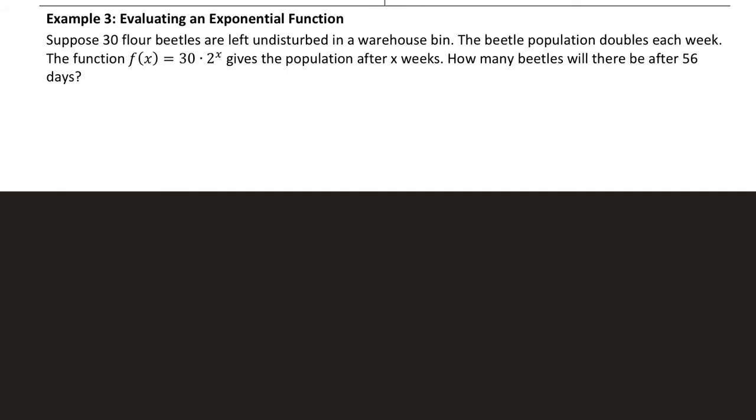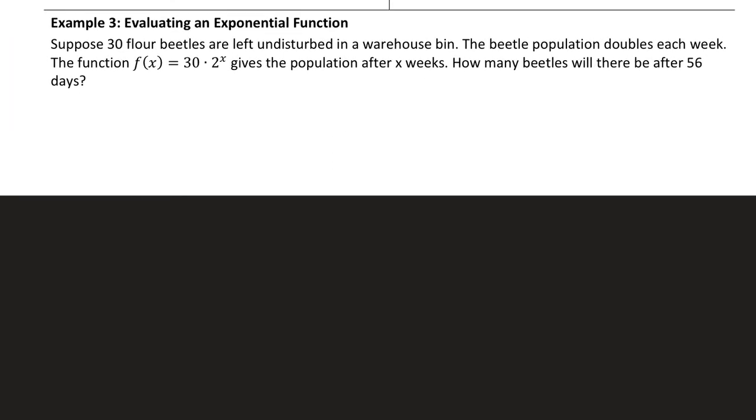So in this function, the input x represents the number of weeks that have passed. So we're given 56 days. So x would really equal, if we're getting it in weeks, 56 days divided by 7 days a week, that would really be 8 weeks.